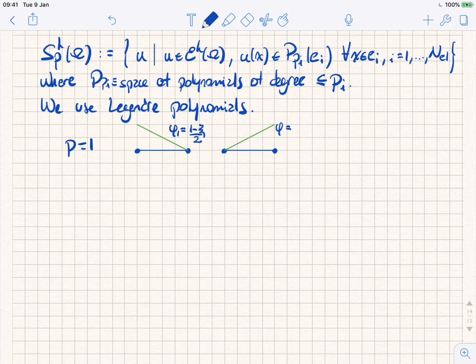So for p equals 1, everything remains the same. And now we take a look at p equals 2.